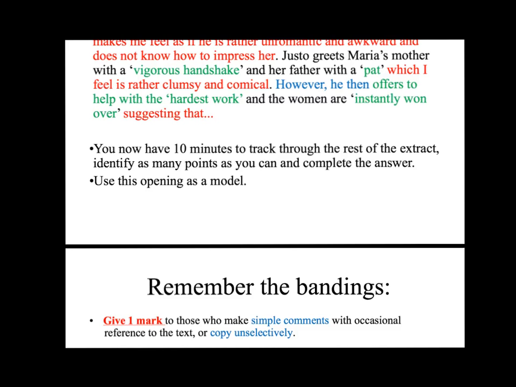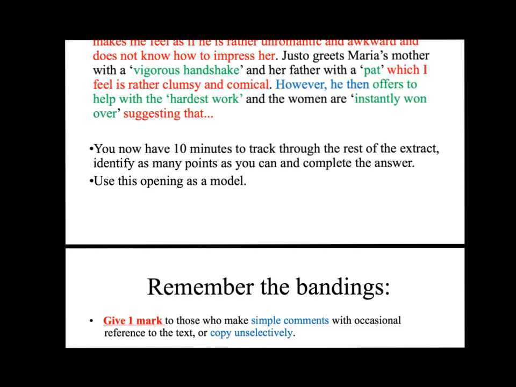So what I suggest that you do now is look at the A3 question and have a go at writing for 10 minutes, tracking through the rest of the extract, and try to identify as many points as you can to complete the example. And use this particular model as an opening. Try to get in the markers to the examiner, the references to the text, and also your personal response.